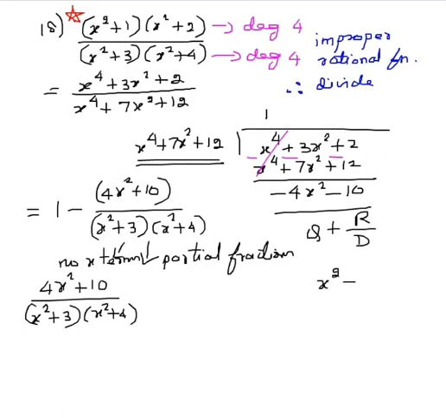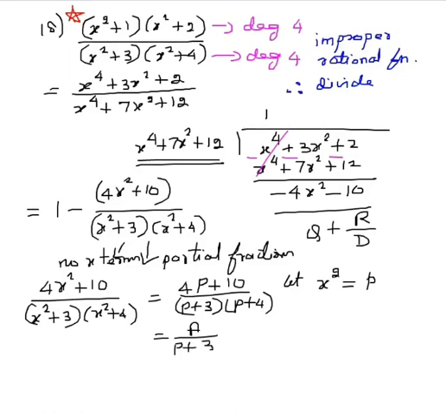So to show that, let us take x square as p. This substitution is to show that we can take it as a by, b by, not for integration. That's why I am using letter p, only for partial fractions. So it becomes 4p plus 10 divided by (p plus 3) into (p plus 4). Now we can write this as a by (p plus 3) plus b by (p plus 4).